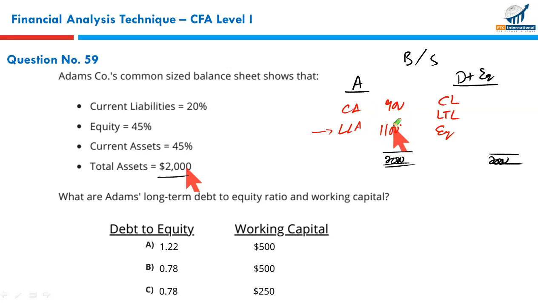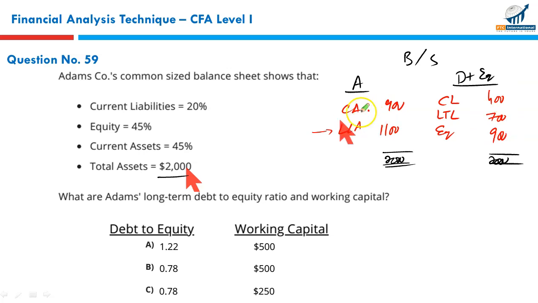Right? Now, equity is 45%. That means 45% of 2000 gives you 900. Current liabilities have been given as 20% of 2000, that is 400. Now, what is long-term liabilities? Of course, the difference. The difference is 700. Now we have everything we need.